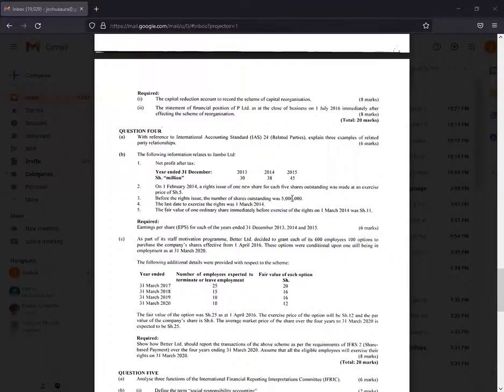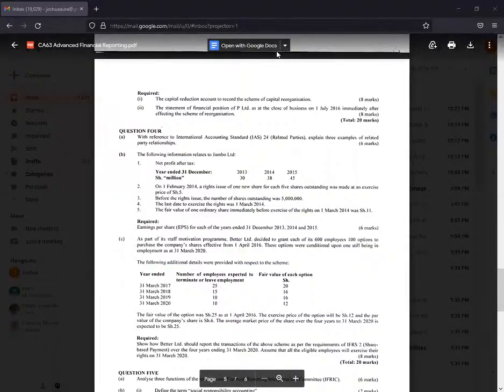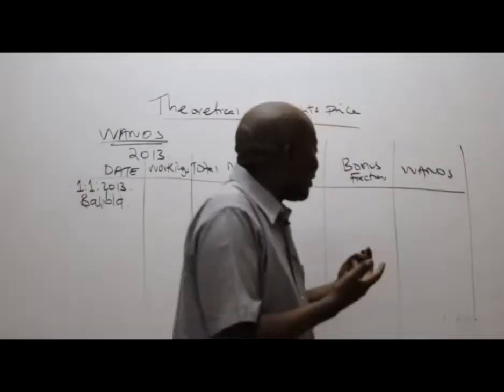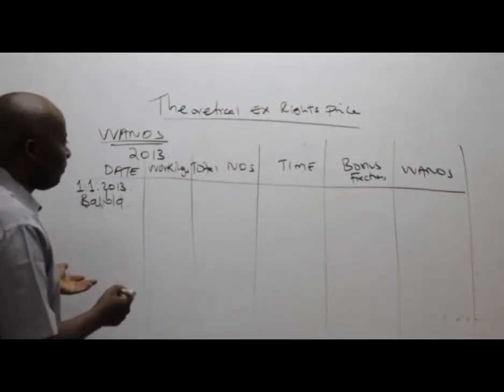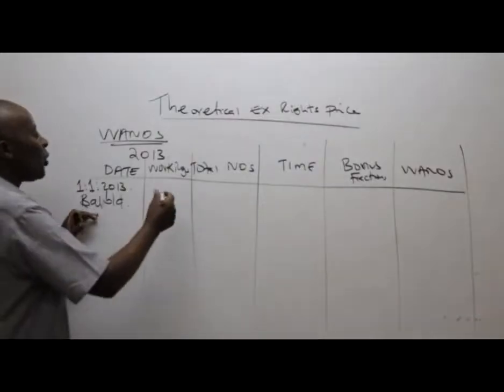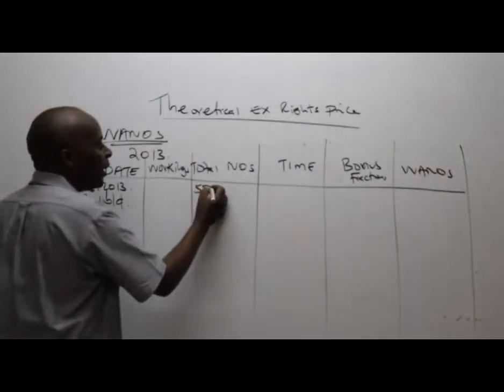Ladies and gentlemen, before the rights issue, which took place in 2014, we've been having 5 million shares. So 2013 is closed. I ought not even to have drawn this kind of big table for 2013, because in 2013 the total number of ordinary shares here was 5 million.